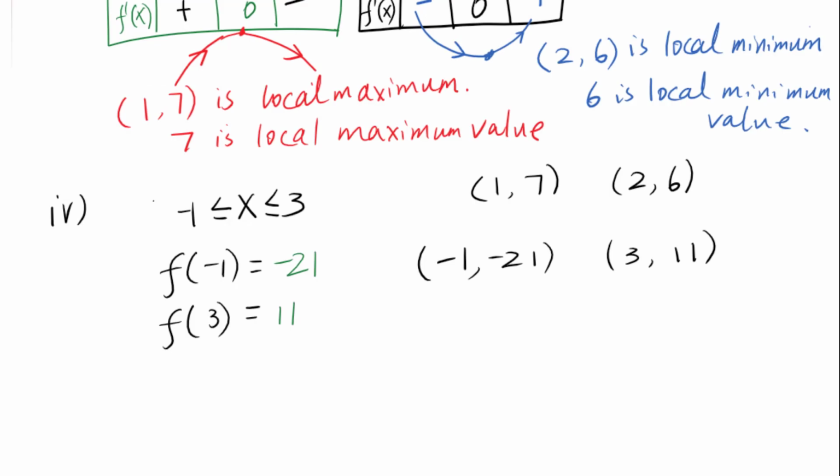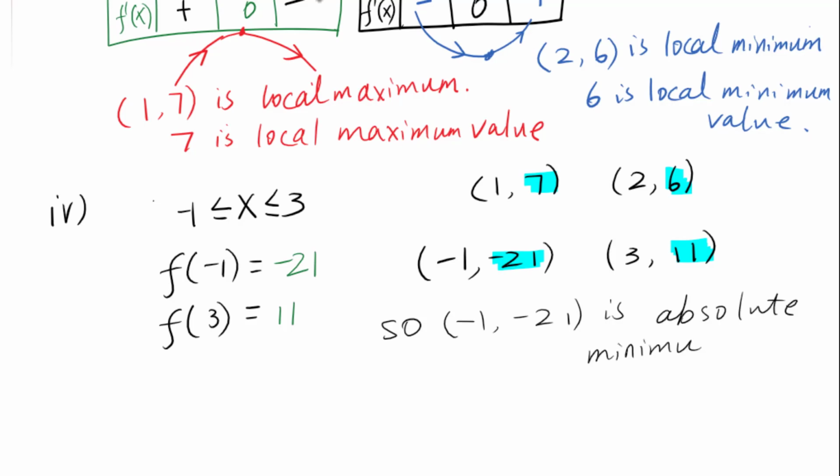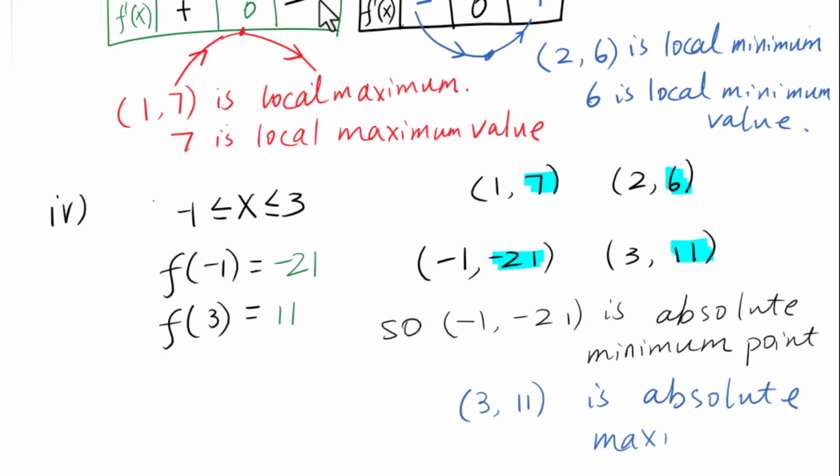Let's compare the 2 stationary points and 2 boundary points. So -1, -21 is the absolute minimum point, and 3, 11 is the absolute maximum point.